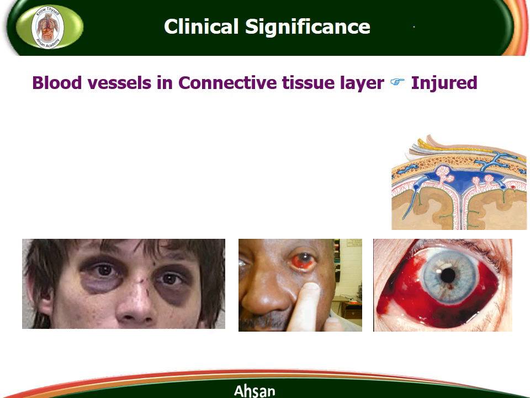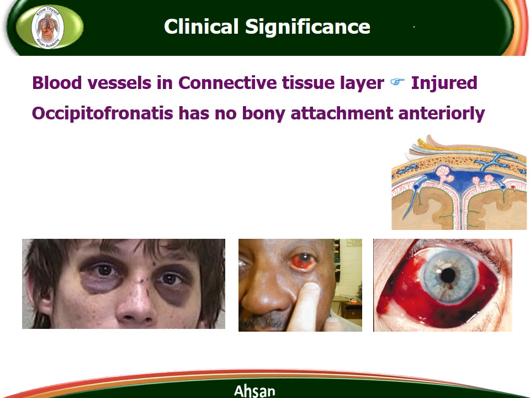So it spreads along the loose connective tissue layer deep to the occipitofrontalis muscle. Blood cannot go further posteriorly or on either side, but anteriorly it can go beyond the line of the scalp, and it crosses the eyebrow and makes the black eye.